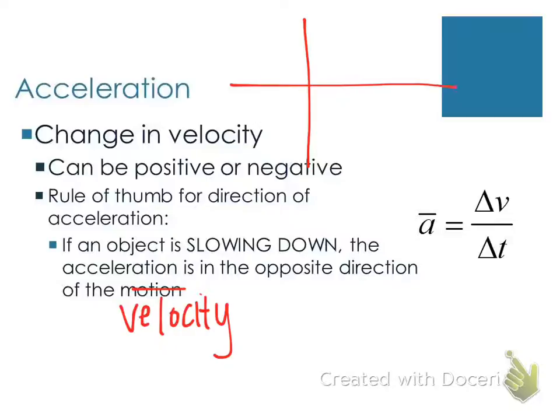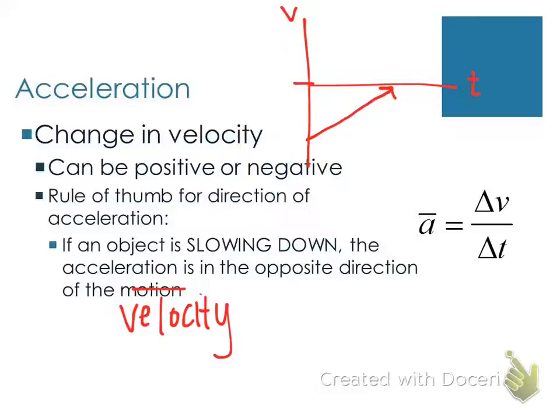So let's look at it on a graph first. What is my object doing in this velocity versus time graph? Slowing down in what direction?